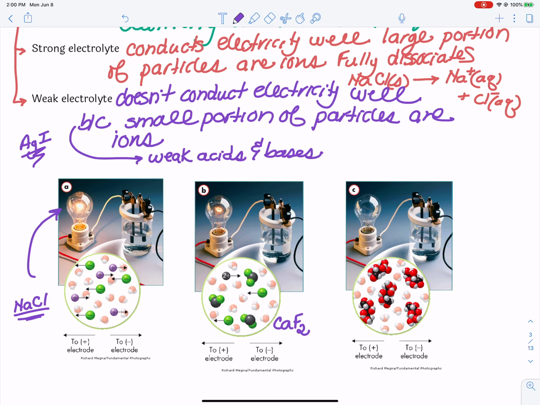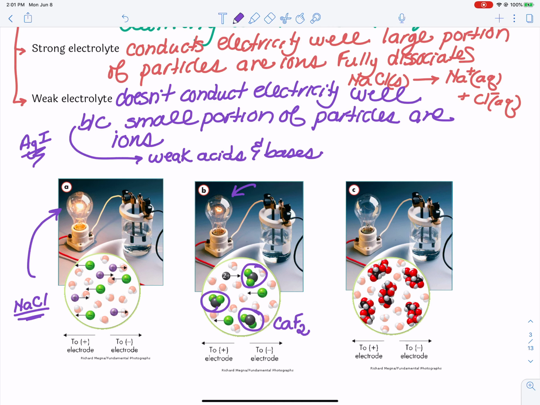CaF2? Maybe CaF2 is not very soluble. If it is CaF2, green is usually fluorine, then you can see a lot of the ions are still together, but some of them have broken up. So therefore you see the light bulb is a little bit lit, but not bright.